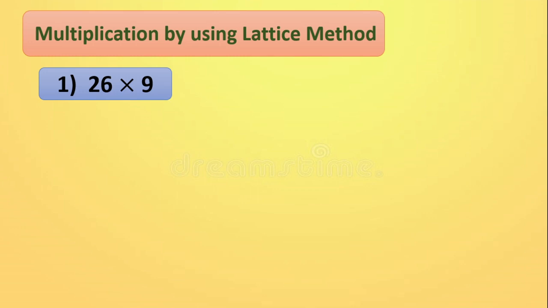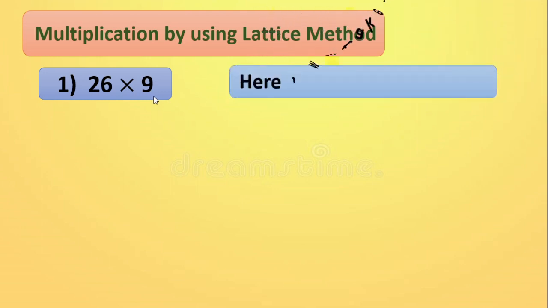Here we will multiply 26 by 9, that is a 2-digit number by 1 digit. Here we take 26 as 20 plus 6, means its expanded form we will use.